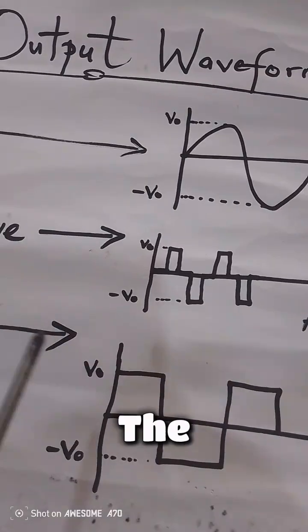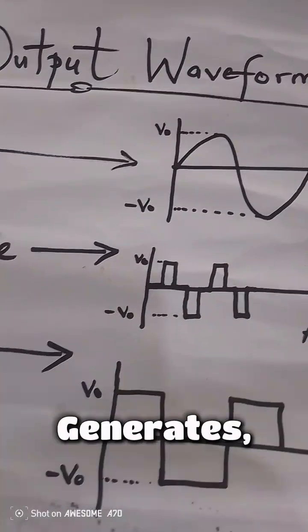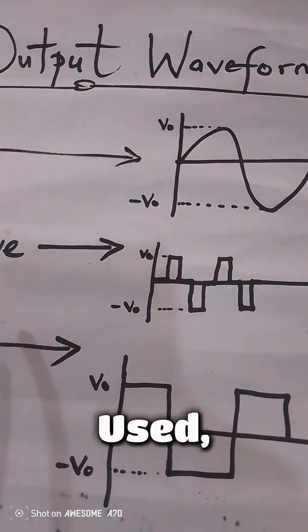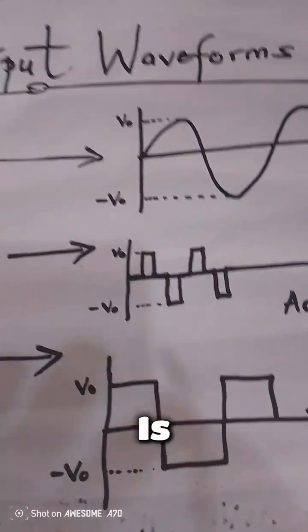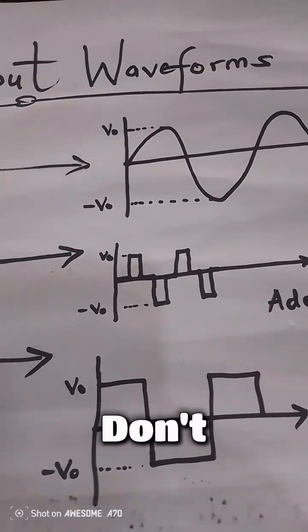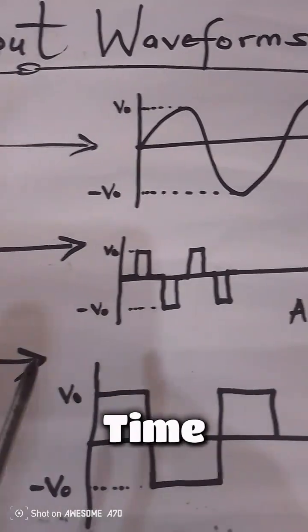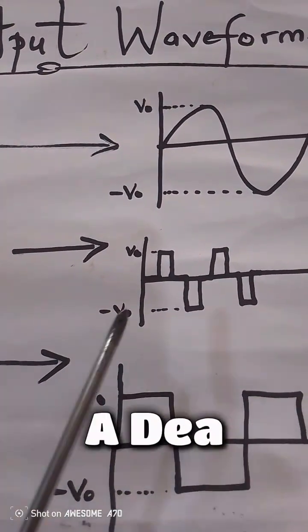The two PWM pulses that your main control IC generates are used to switch the MOSFETs. A dead time is introduced to ensure that those two pulses don't come on at the same time, even in milliseconds or microseconds.